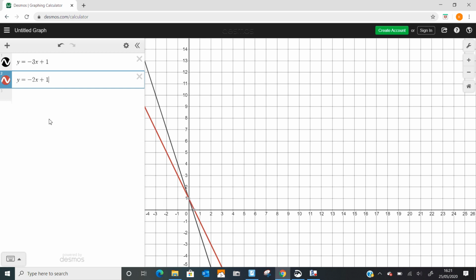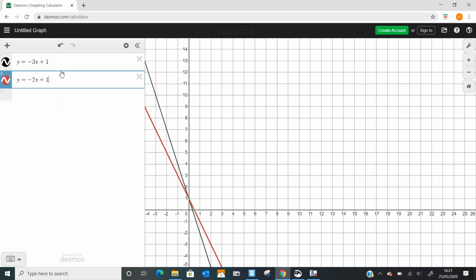The only difference is that the gradients are different. So that's a negative 2 gradient. If I think about that as a fraction, negative 2 all over 1, every time I move along 1 in the horizontal direction, I go down 2. So for the red line that's here, along 1 down 2, along 1 down 2, along 1 down 2. So that works out for me there.